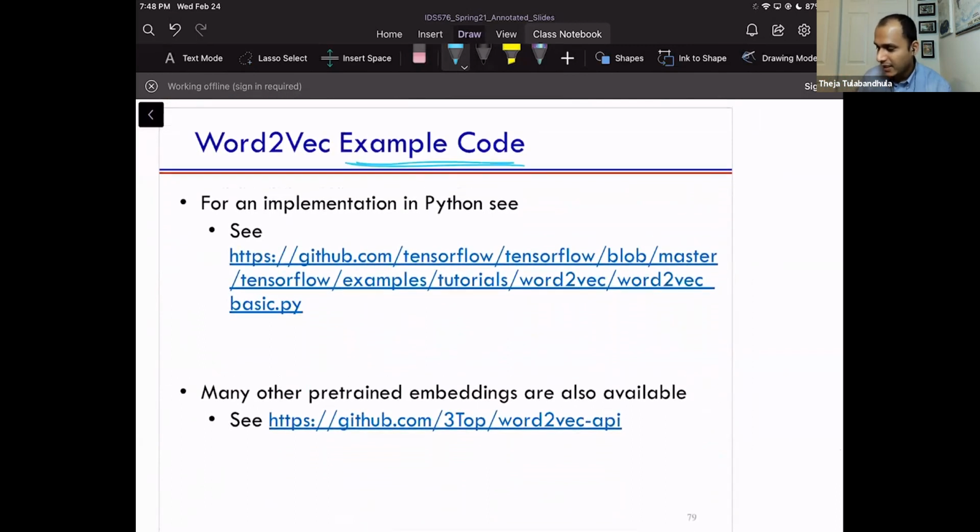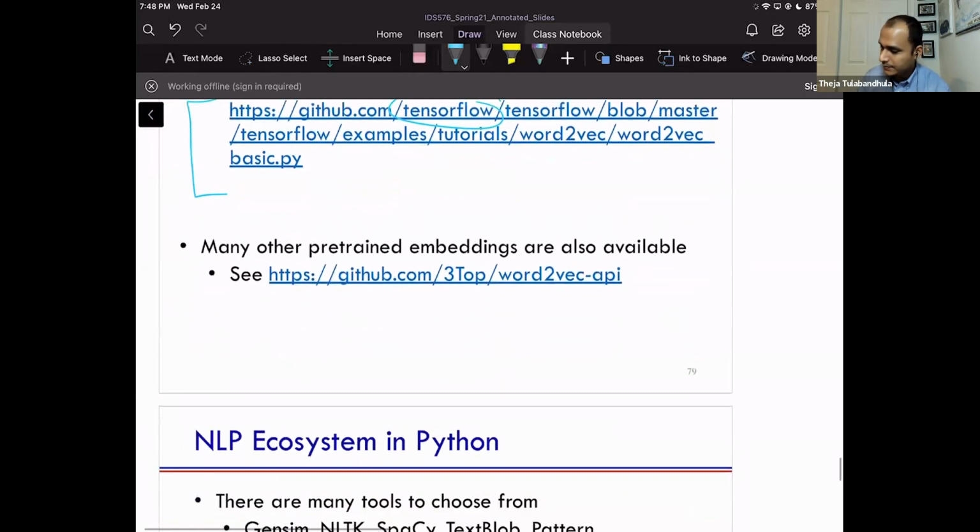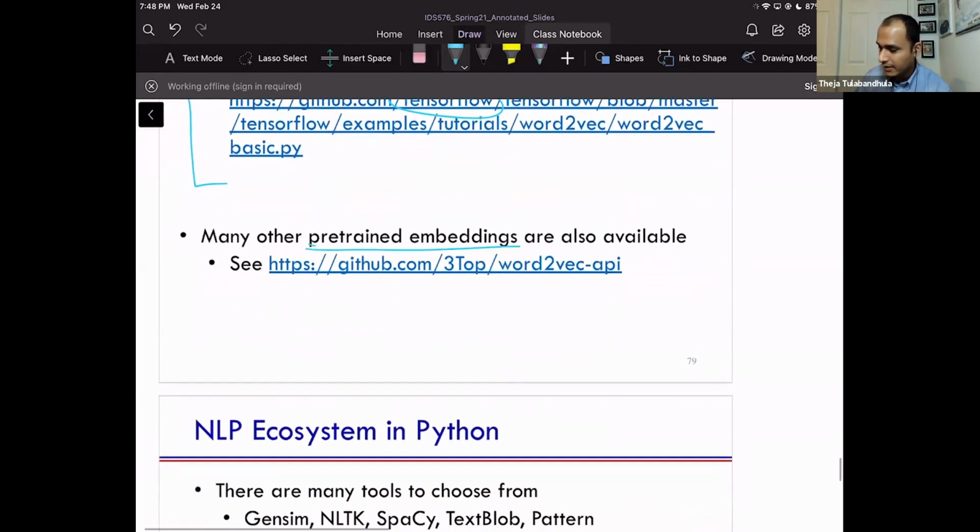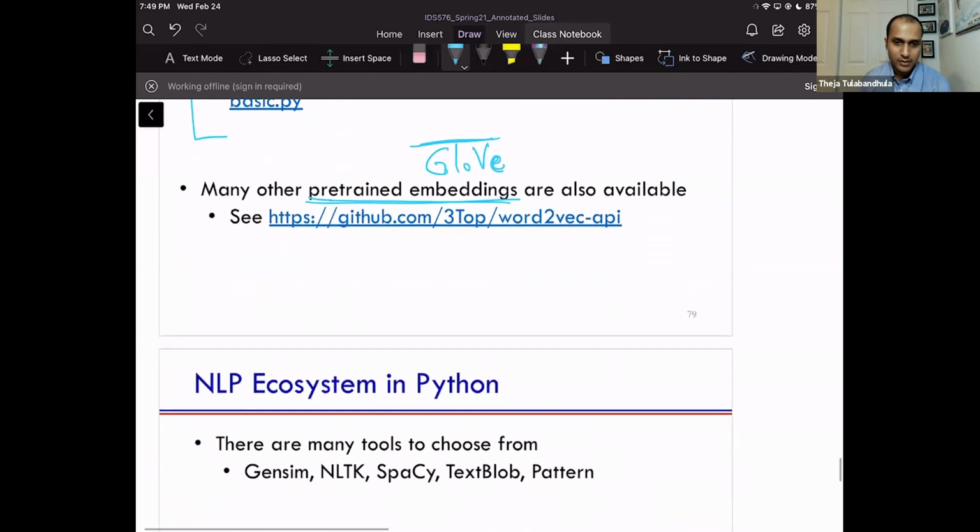If you want to see other example codes, if this link doesn't work, just search for TensorFlow Word2Vec and you'll get an example tutorial on implementing Word2Vec. And as I said, there are also other embeddings available. I think GloVe is the other one. It is an acronym for something, but I don't remember. So that's another popular one which came around the same time. But there are many others, static embeddings.